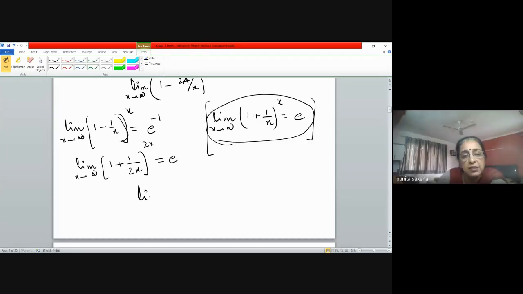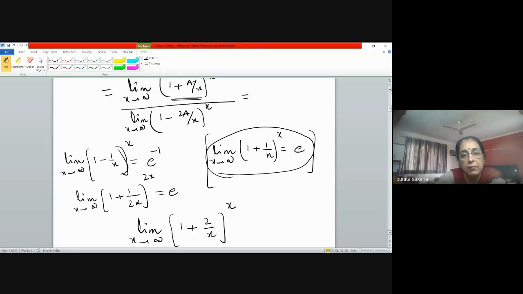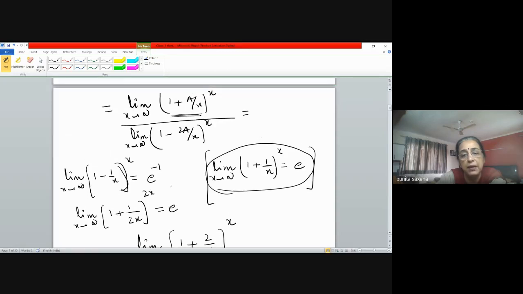जस्ट क्विकली, अब तुम्हें मेथड तो याद हो गया ना कैसे करना है, राइट? Evaluate this quickly. Limit x tending to infinity (1 plus 2 by x) to the power x.